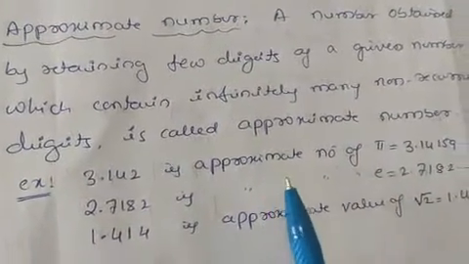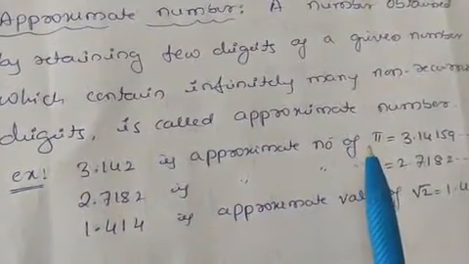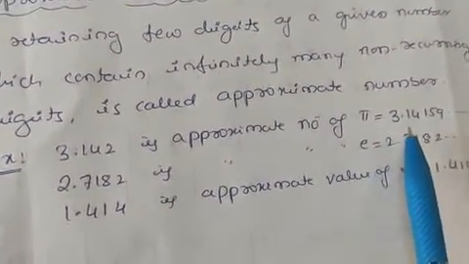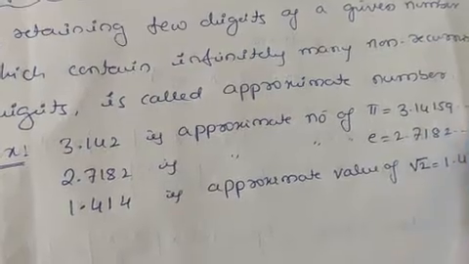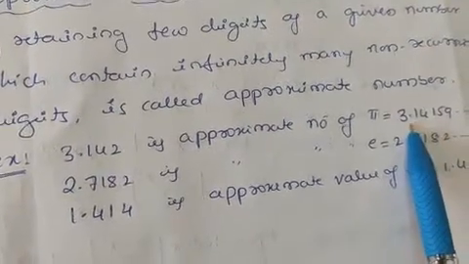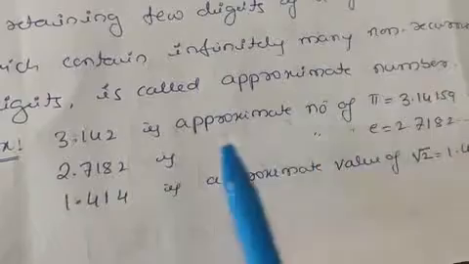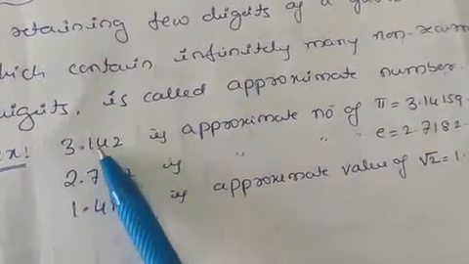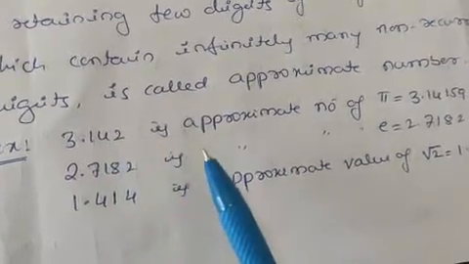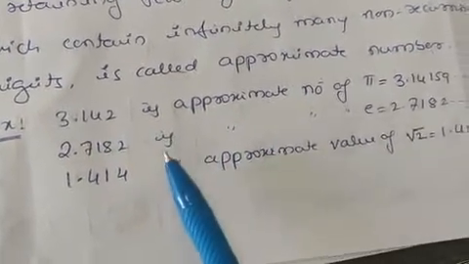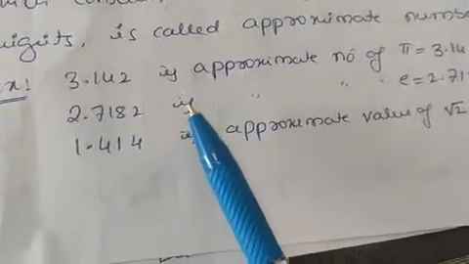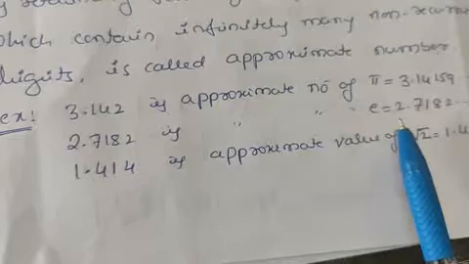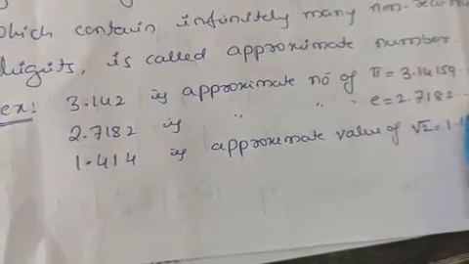For example, here we know the value of pi. Pi is 22/7 or it is equal to 3.14159 and so on. So we can take the approximate of this pi as 3.142, for 3 decimal places, that is 3 digits after the decimal point. The exponential constant e is equal to 2.7182 and so on.